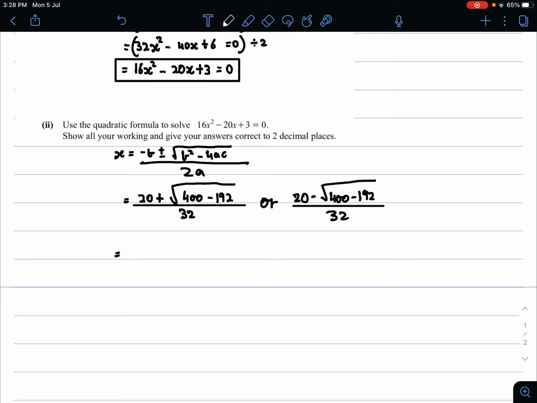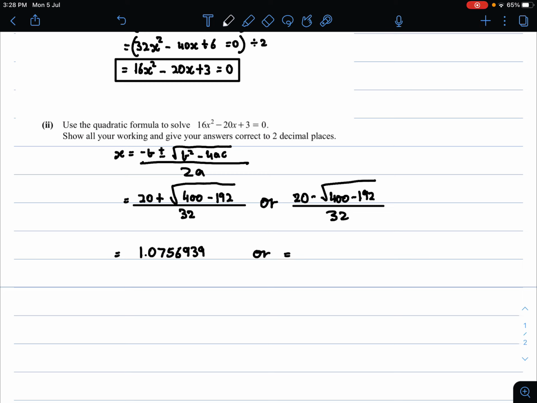So 20 plus root 208 whole thing divided by 32. So you will get your answer over here as 1.0756939.